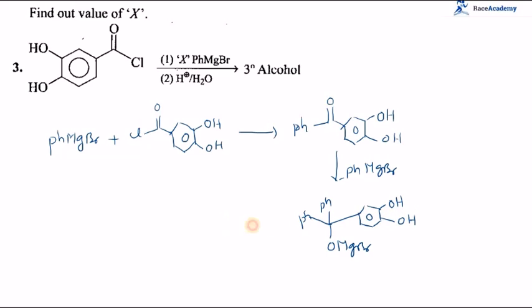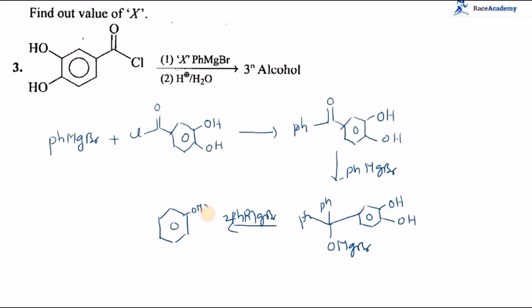After this, again if you add phenyl magnesium bromide, 2 phenyl magnesium bromides for the OH groups, then they will also become OMgBrs.